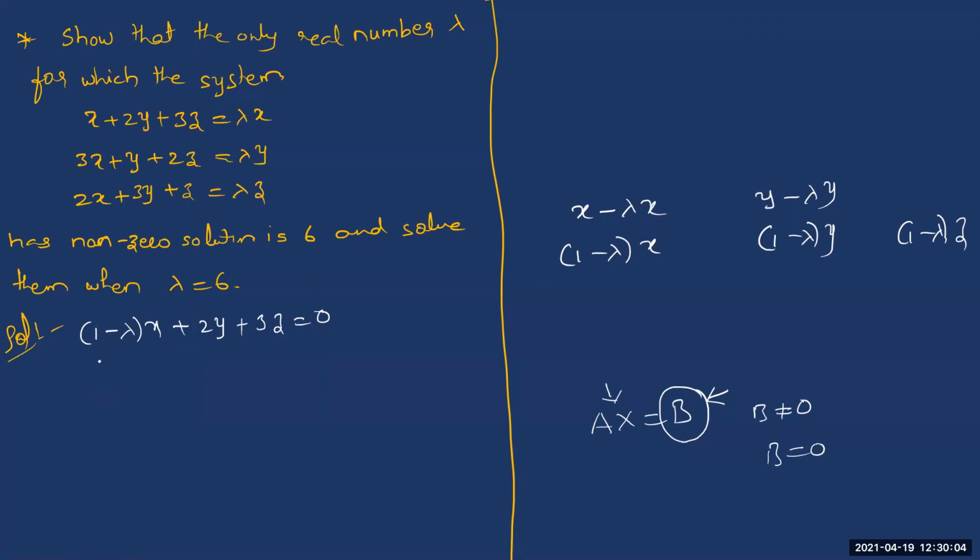Now from the second equation, it is 3x plus 1 minus lambda into y plus 2z is equal to 0. Then from the third equation, 2x plus 3y plus 1 minus lambda into z is equal to 0. Now look at this carefully. Is that homogeneous or non-homogeneous?